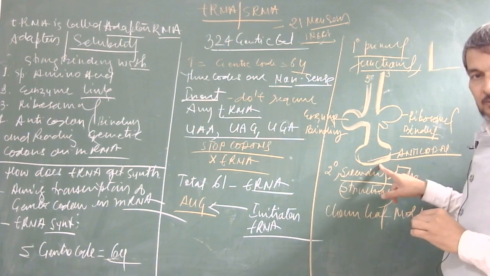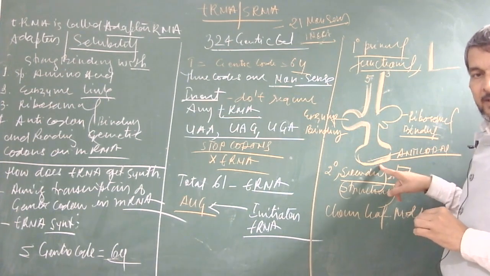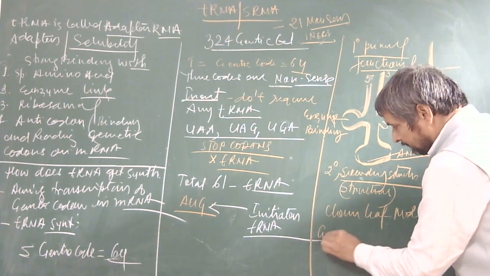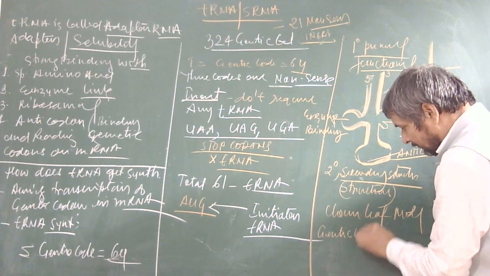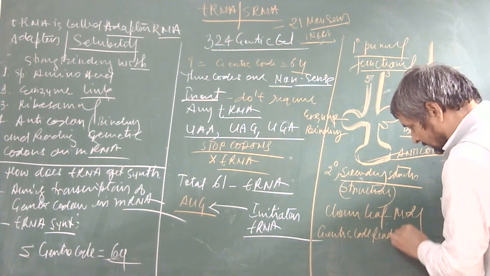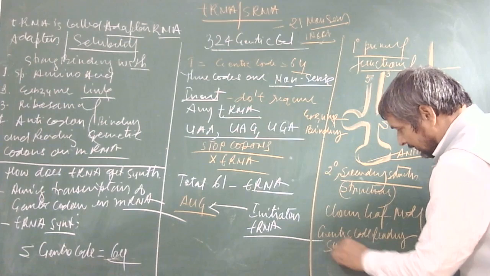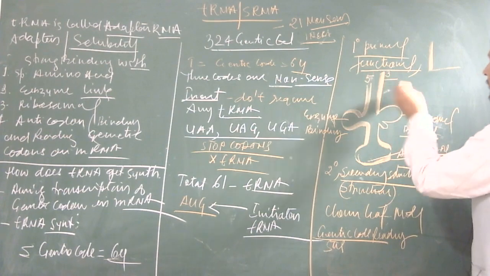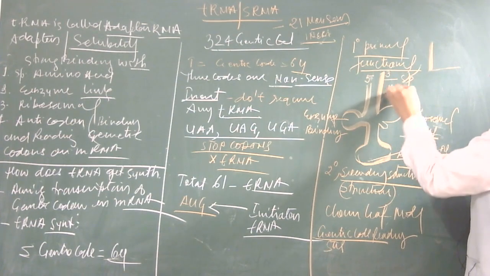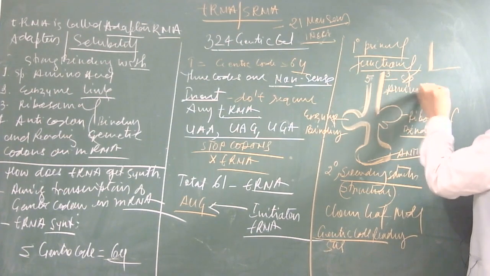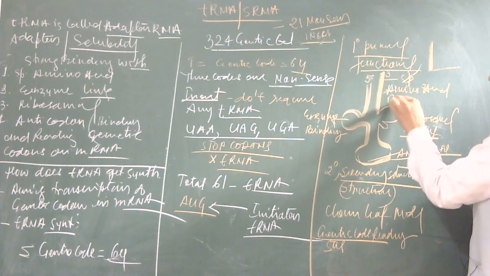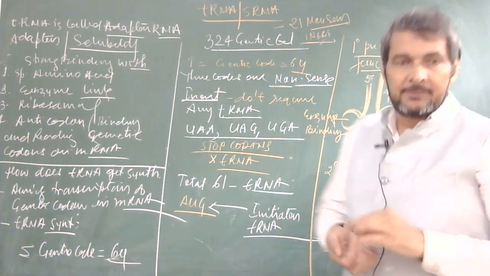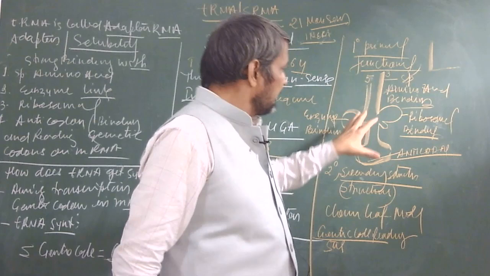So the anticodon loop or anticodon site, you can also say genetic code reading site. And this end is known as the specific amino acid binding site. So now there are 4 different sites present here in the transfer RNA.